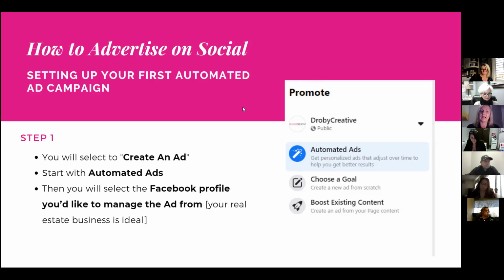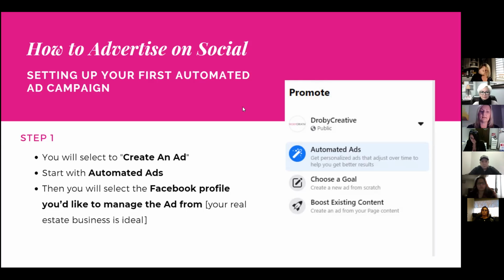It will set up the ad with you, and then it will slightly tweak the ads over time to give you better results. I think once you've understood how the ads work, you're seeing what's working, what's not, at that point, I recommend moving to setting up the ads a little bit more manually, because now you've understood what is working and you'll have a little bit more control using the manual method.